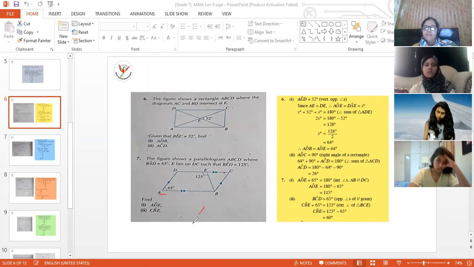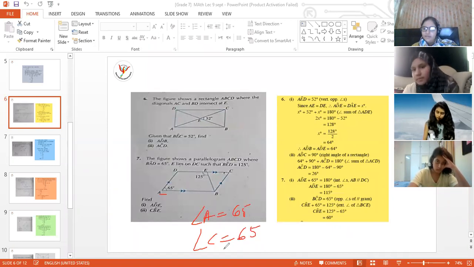If angle A is equal to 65, angle C will also be equal to 65 degrees. Is this clear? If angle A is 65, this angle C will also be 65 because opposite angles in a parallelogram are equal. Is this clear to everyone?